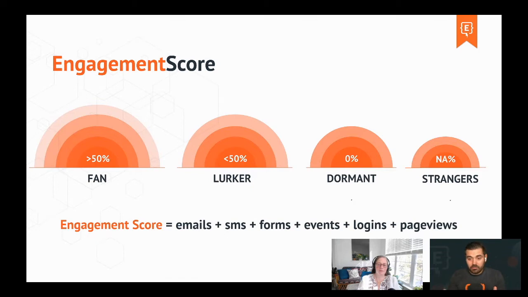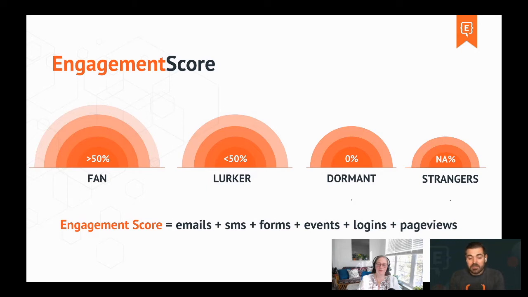So a stranger is somebody who we don't have any data about. A dormant person is somebody who we've sent communications and have outbound stuff, but they haven't responded to anything. A lurker is somebody who has interacted with just a couple of things.